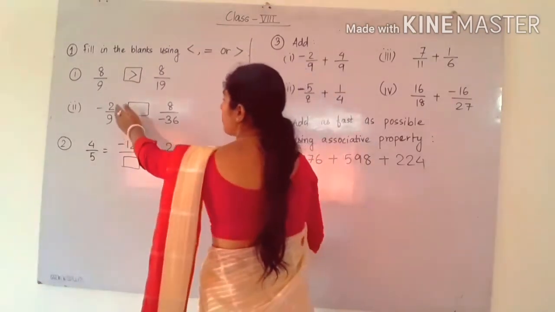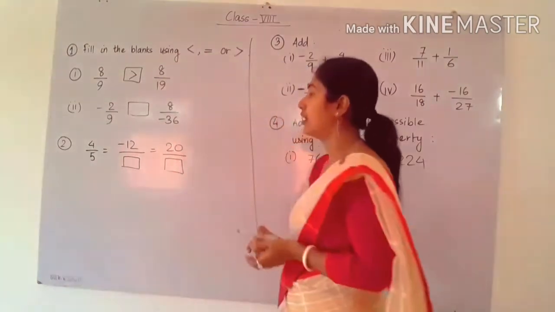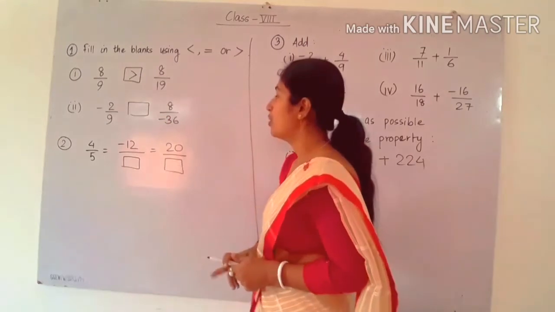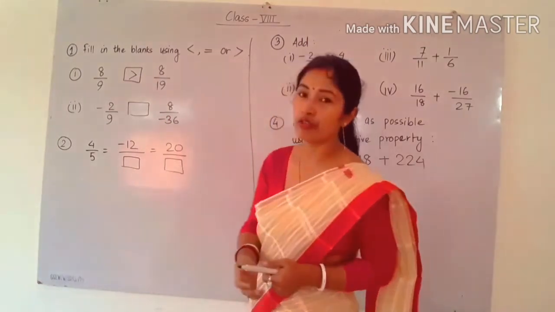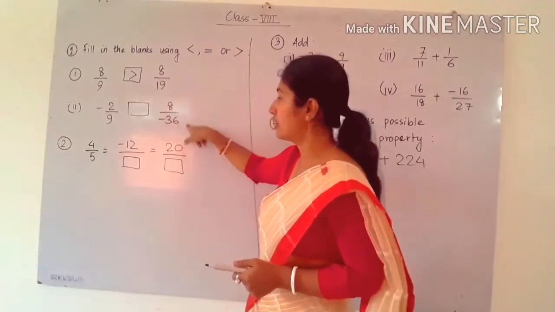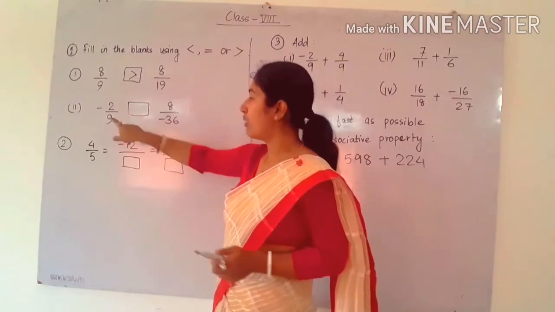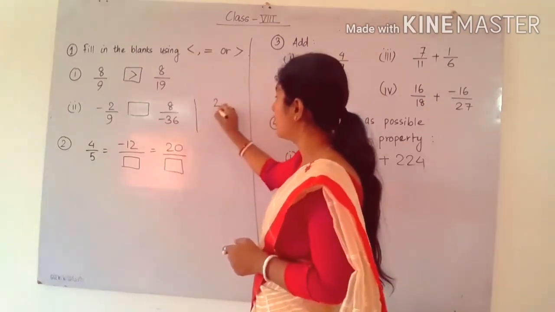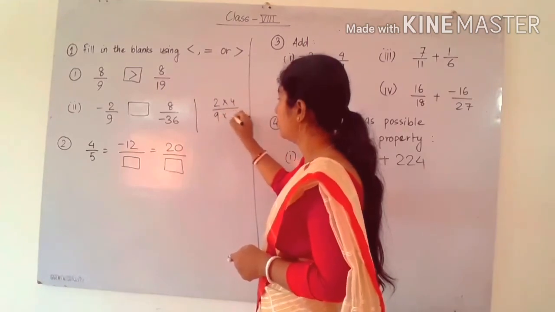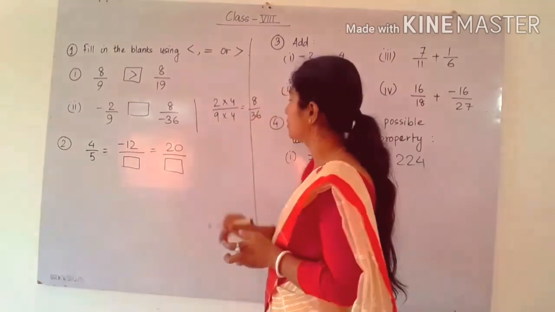Next, whether minus 2 by 9 is greater or 8 by minus 36 is greater. Here both the rational numbers are negative rational numbers. So we have to check which one is smaller, which one is greater. As you see, 8 by 36 is an equivalent fraction, or you can say equivalent rational number, of 2 by 9, because when we multiply 4 to the numerator and to the denominator, we will get 8 by 36.